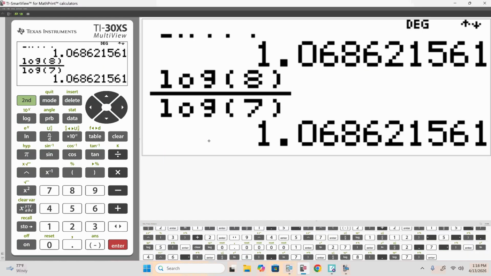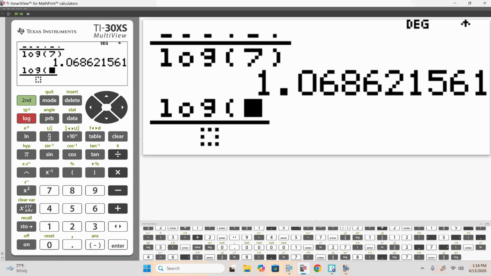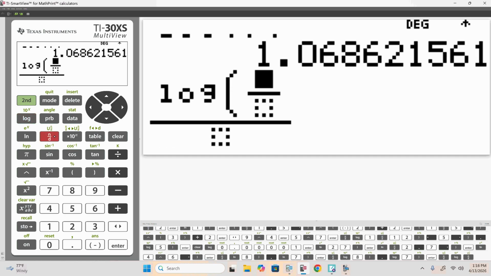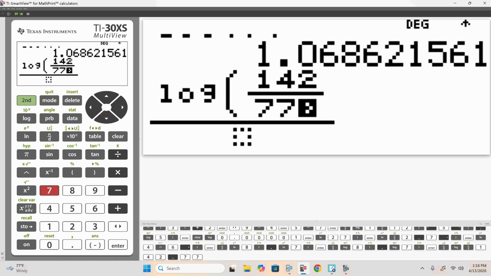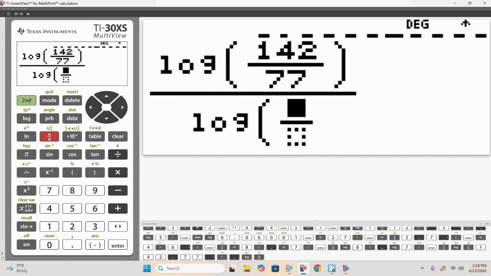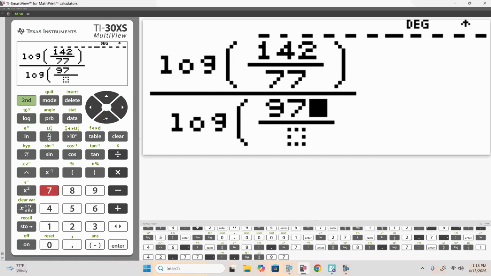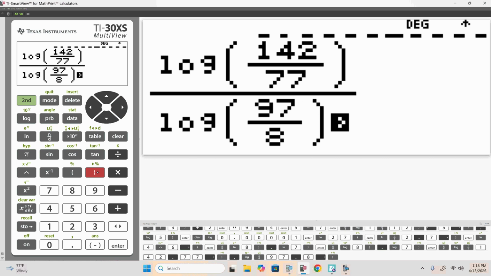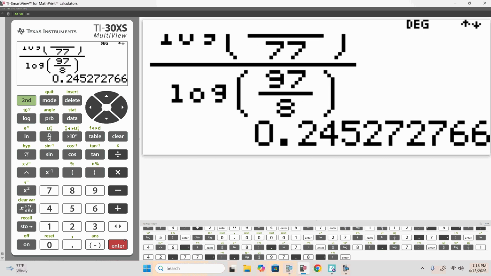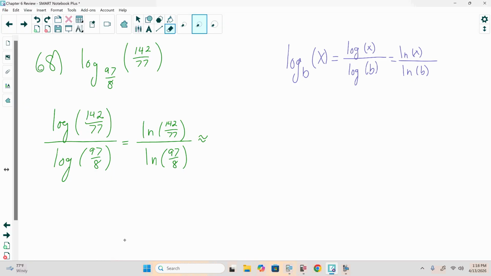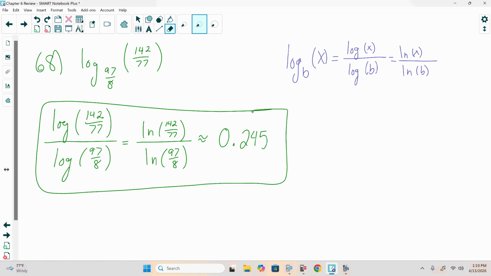Then to approximate, we're just going to stick it in the calculator. I would use the 30xs because it's a little bit easier, a little bit nicer to plug fractions in. So this is 0.2452, or approximately 0.245. Questions on this here?